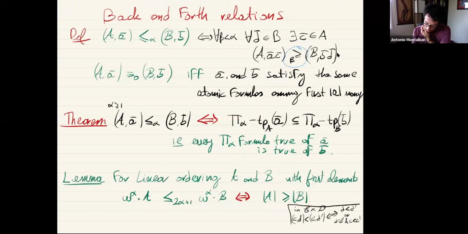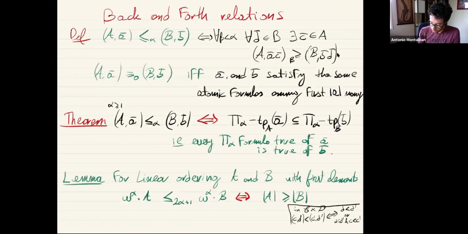I would say that we could do an example. For instance, omega times 2, so omega plus omega, is less than or equal to 3 omega.